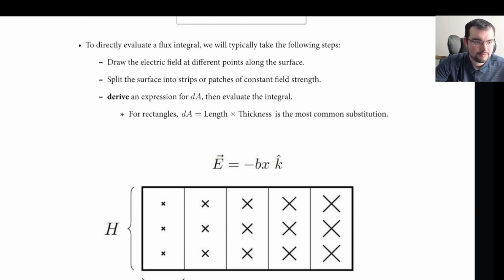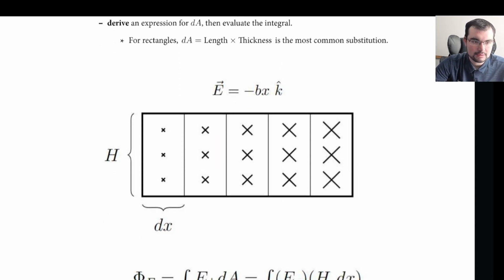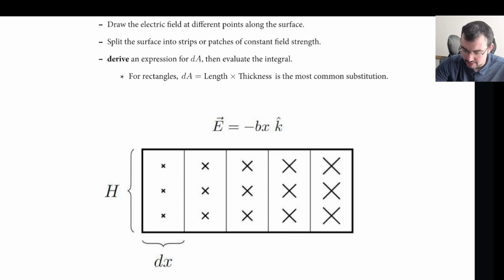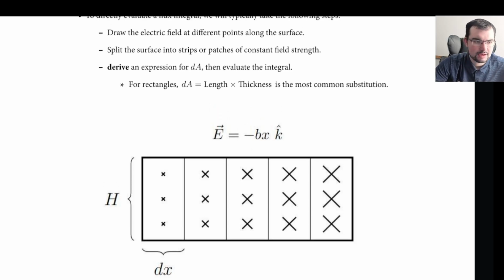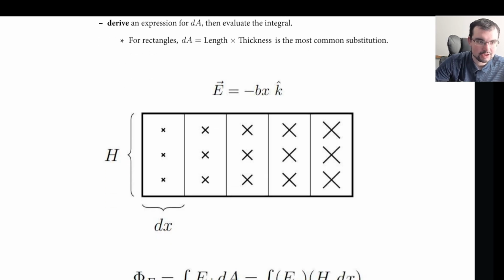So, for example, if you have a field that's getting stronger as it goes to the right in terms of piercing this loop, so we have this E field that varies with the x coordinate and gets stronger and stronger. So I can't just multiply E and A in this problem because E over here is different than E over here. So there isn't a single value of E I can nicely use.